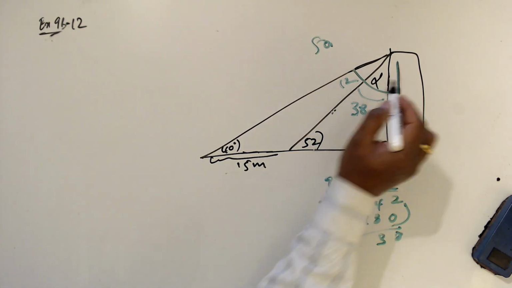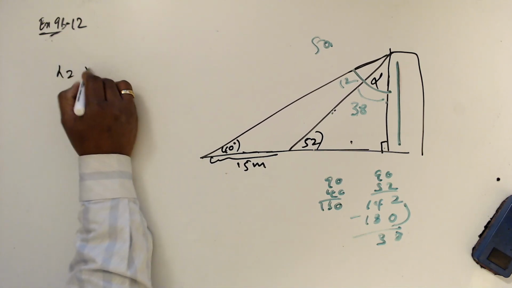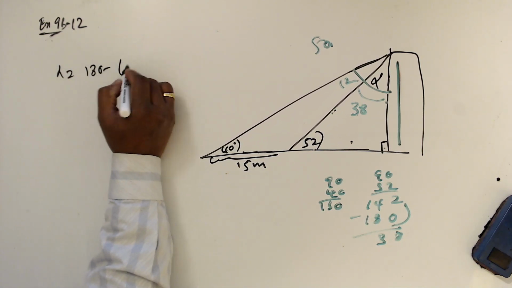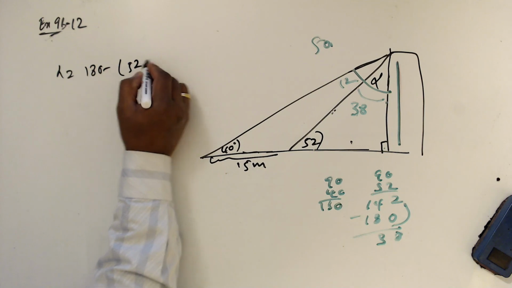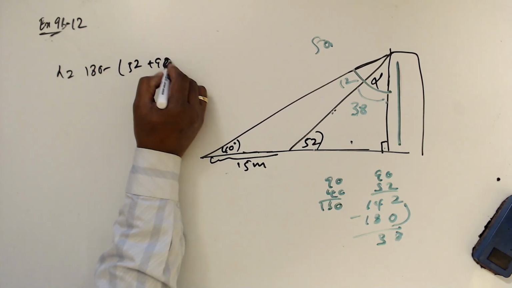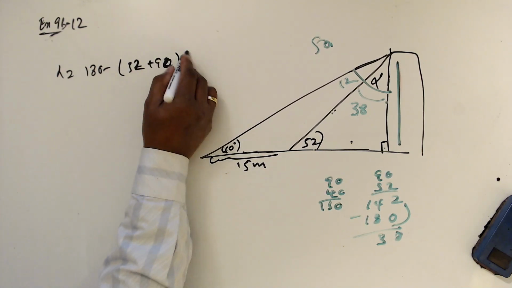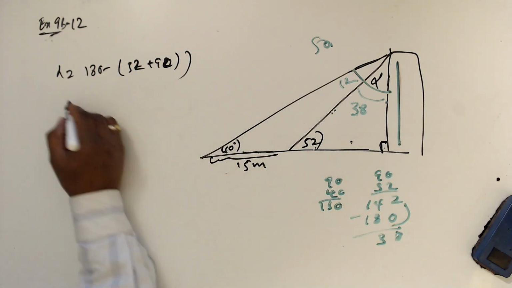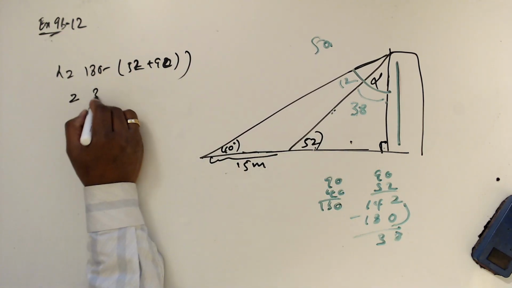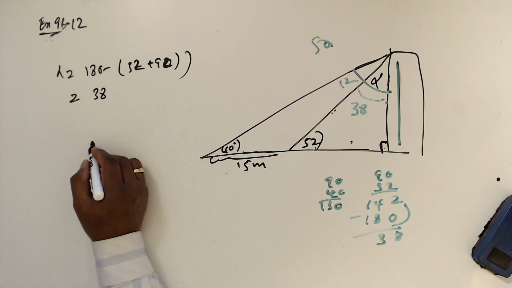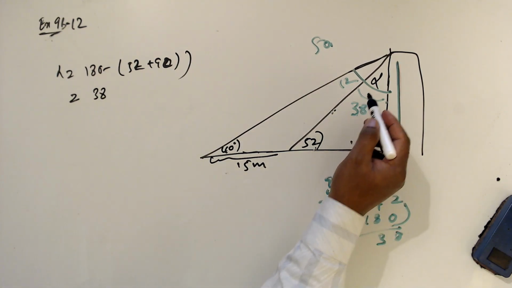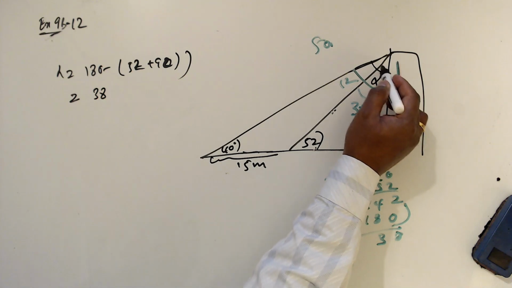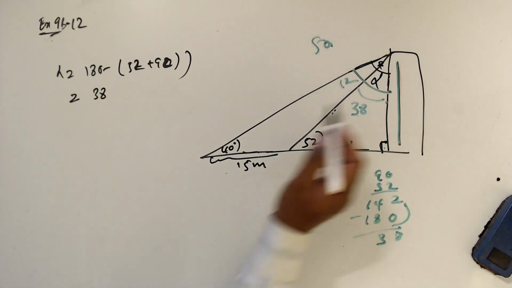I'll take this is alpha. Alpha equal 180 minus 52 plus 90. 52 plus 90 is 142, so then alpha is going to be 38. Then this is the whole angle beta.